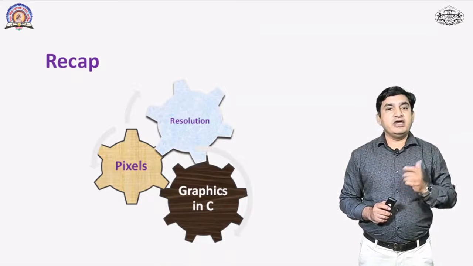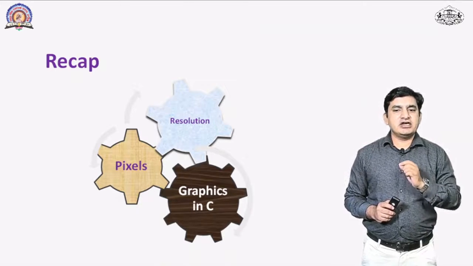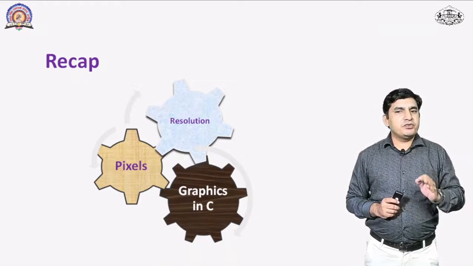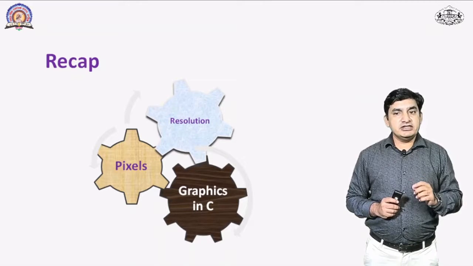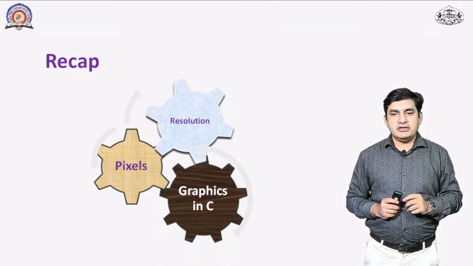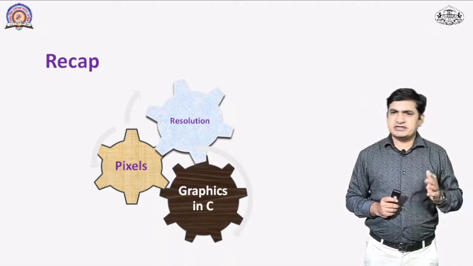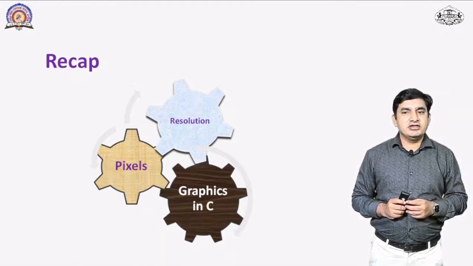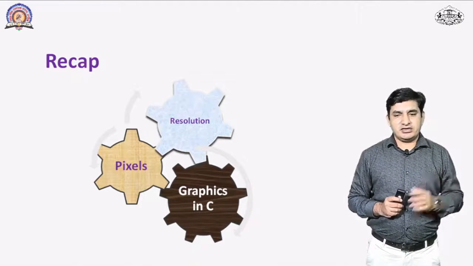Then very high resolution, the pixels are 640 by 350. In super high resolution, the pixels are 1028 by 760. Friends, in the previous lecture we also discussed the graphics mode and graphics driver.